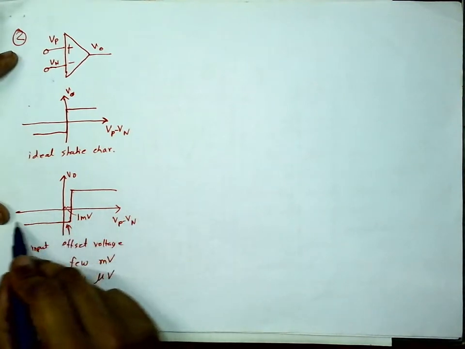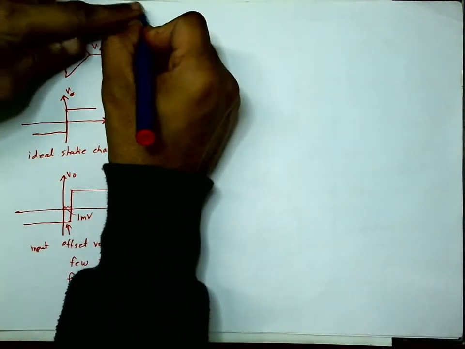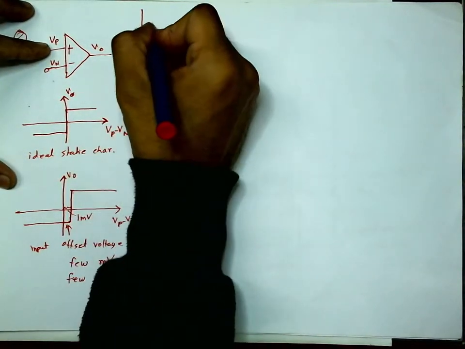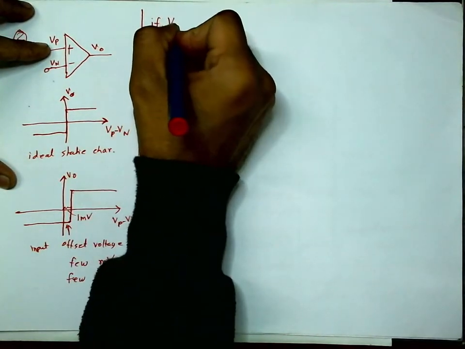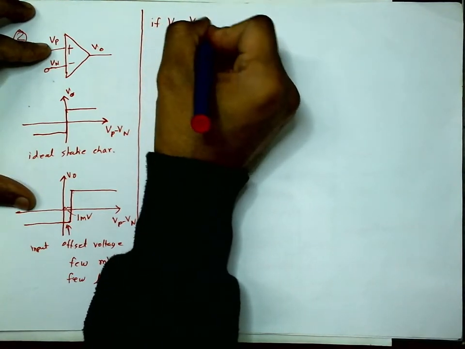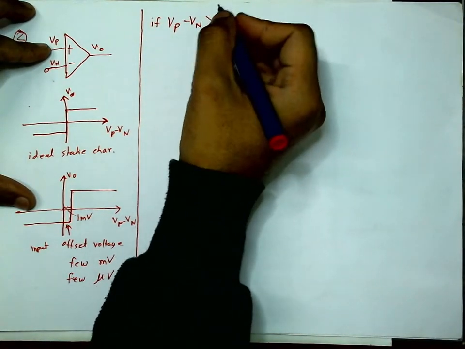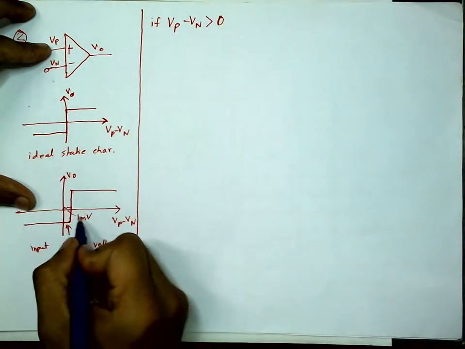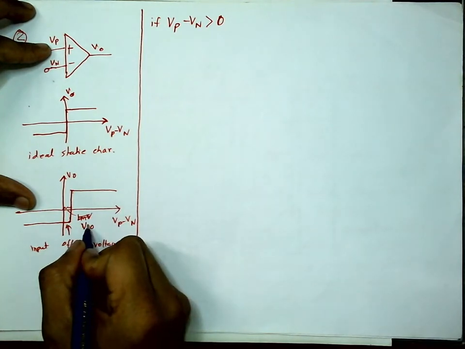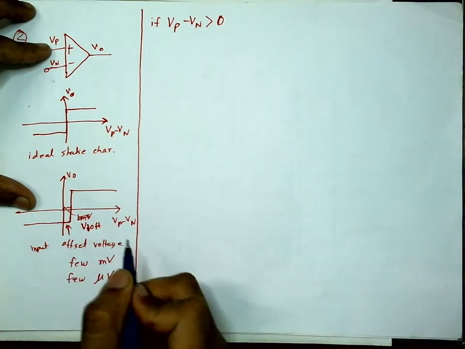So then according to this characteristic, if Vp minus Vn is greater than this, let me call it V input offset, okay, let me call it V off.